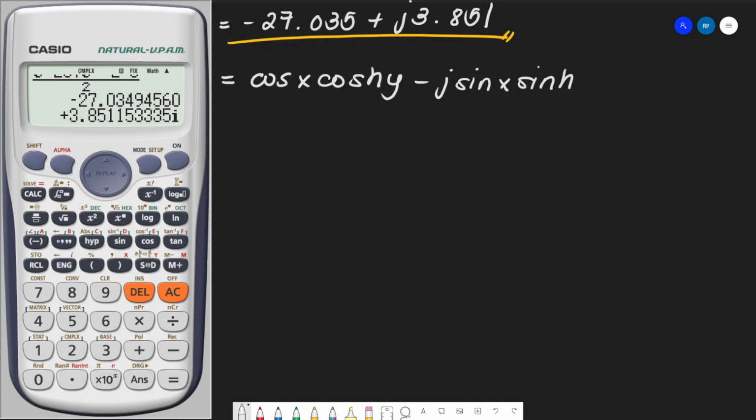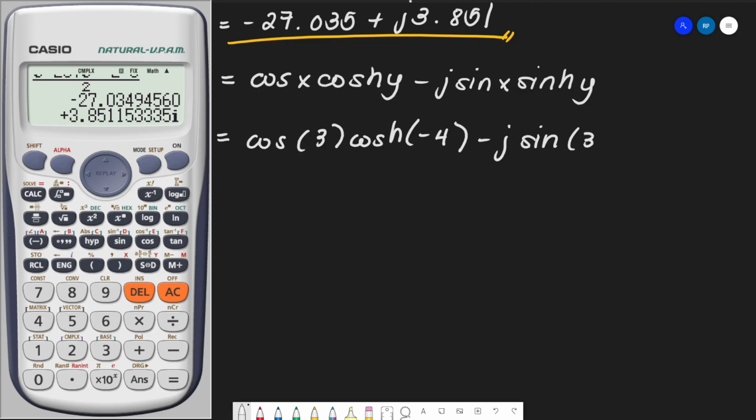Actually, this is a way to test kung tama ba yung sagot nyo dun sa taas. Tapos substitute natin. Okay, remember, from our complex numbers x plus jy, x is the real part, y is the imaginary part. So, kukunin natin yon. We have cosine of 3, cos ng imaginary part natin, that is negative 4, minus j sin 3 sin negative 4.